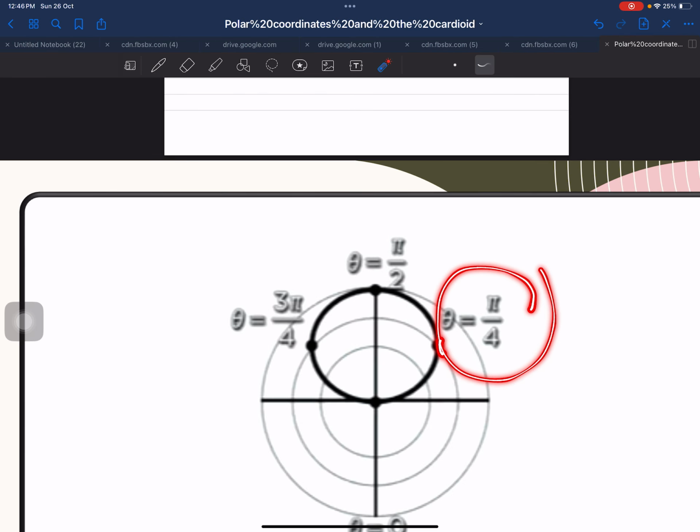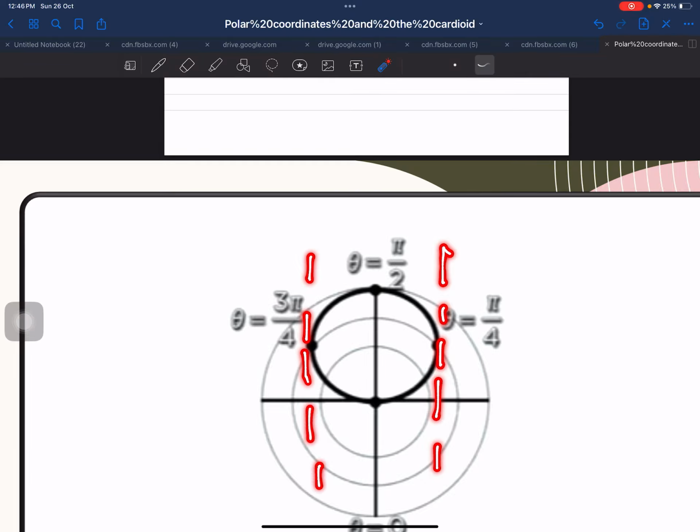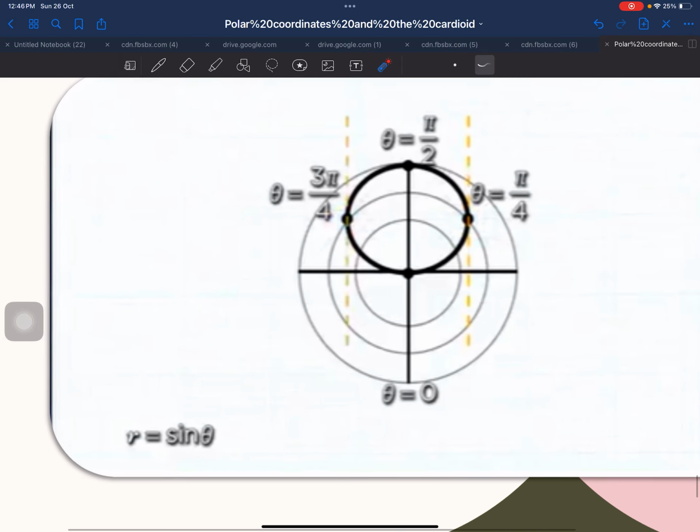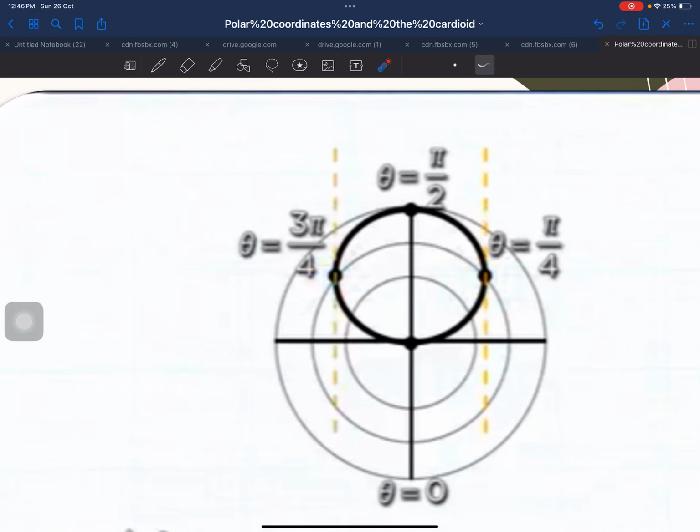If we draw imaginary lines here, that one and this one, these are the vertical tangents of the function, at theta equal to pi over 4 and theta equal to 3 pi over 4.